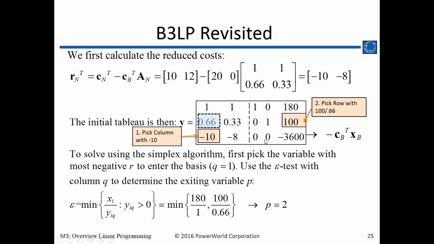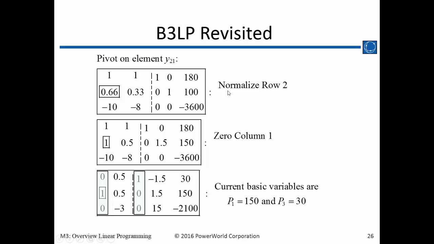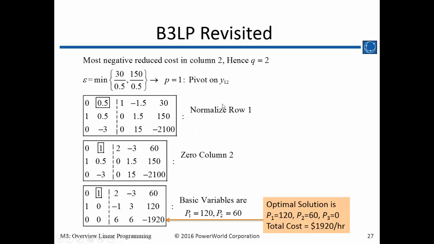So it does a normalization and then zeroing out of all the other columns, and then computes the new values. And we have P1 and P3 in the basis here, but that's not optimal. We still have a negative reduced cost at that point down here, so it pivots again. And then the next iteration gets it to the vertex where P1 equals 120 and P2 equals 60. And that's the solution point that it settles on.